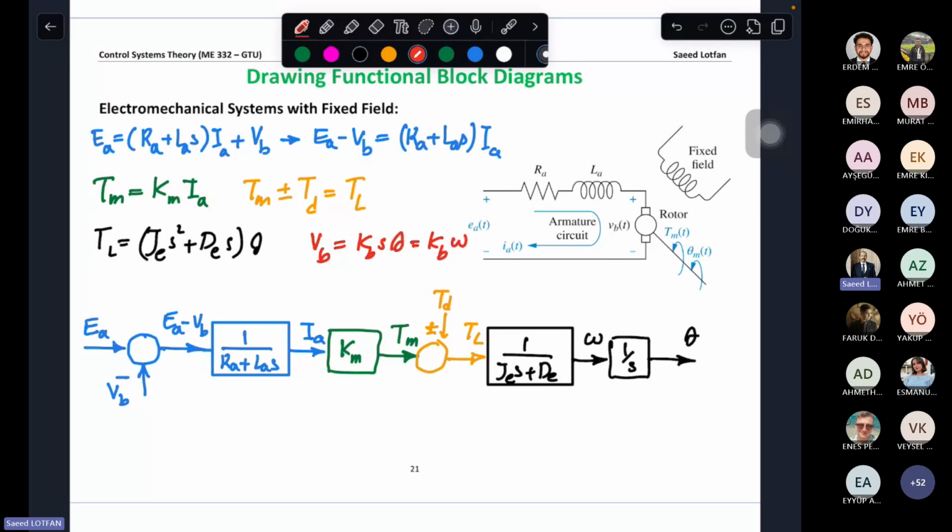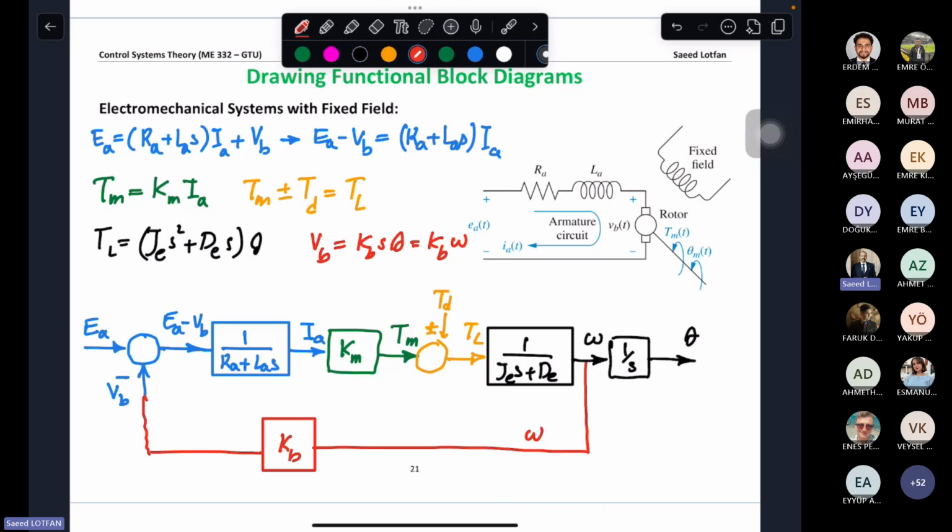So if I take omega, bring it here, and multiply by KB, this gives me VB, and negative feedback gives me the system. So we have a closed loop negative feedback system that gives us the representation of the electromechanical system with fixed field.